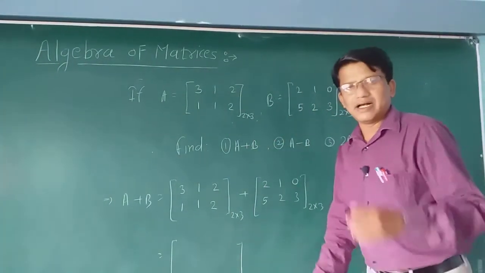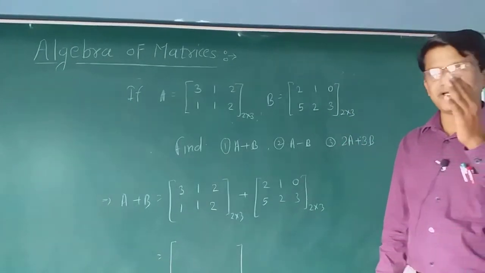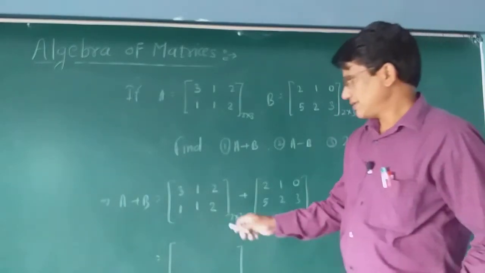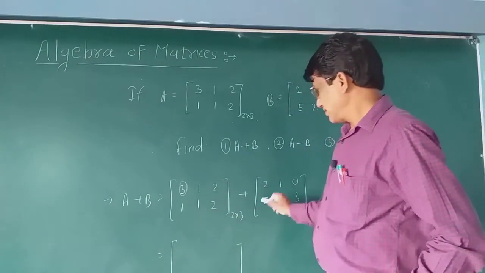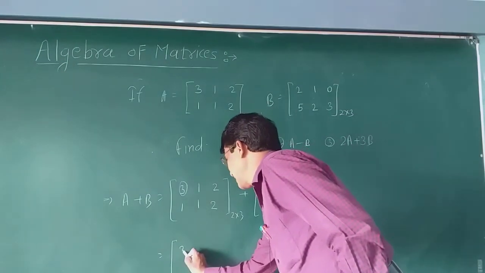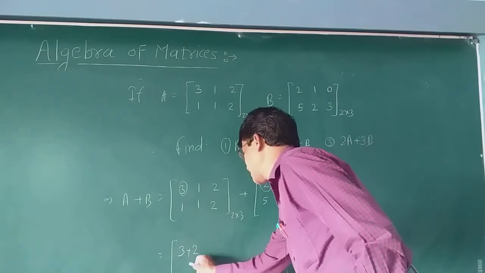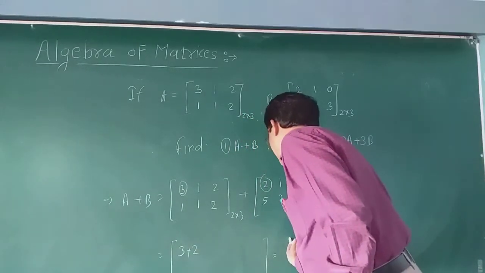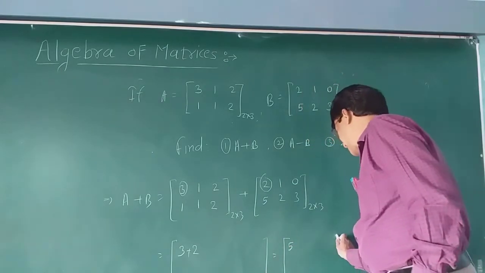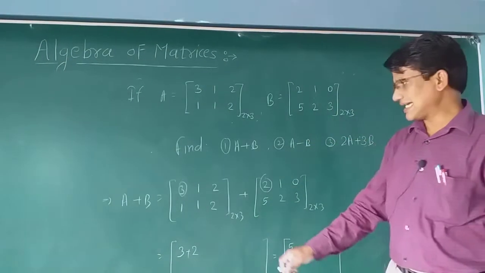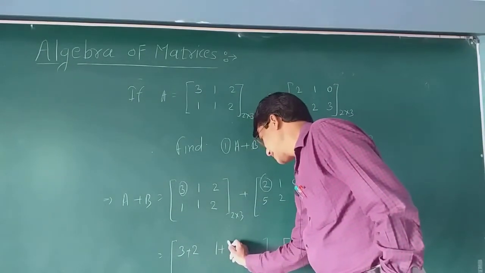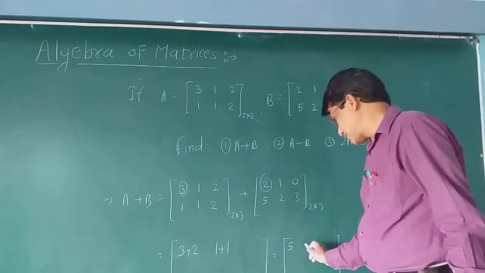What is our addition? According to our addition rule, add corresponding elements. First position is 3, first position is 2. Here we'll write 3 plus 2. What is the answer? 3 plus 2 is 5. Second number, 1 plus 1 is 2.